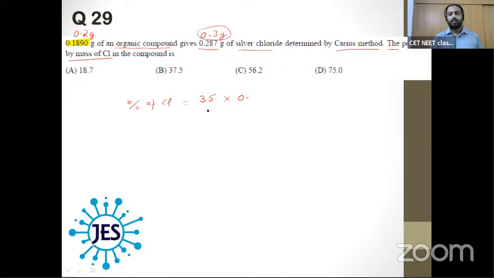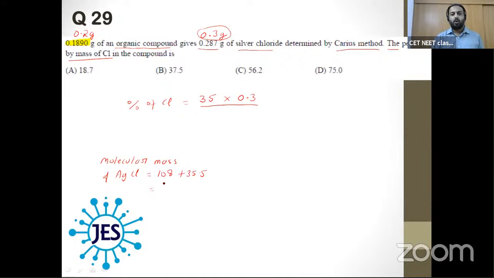0.3 divided by molecular mass of silver chloride, AgCl. Molecular mass of AgCl is equal to, you need to add up the atomic masses. Silver is 108 and chlorine is 35.5.